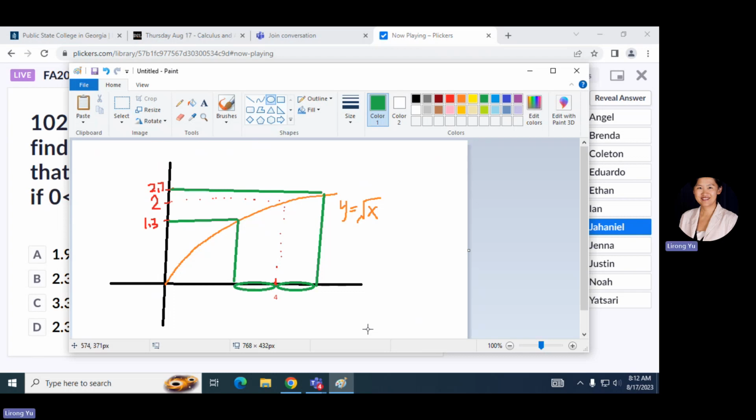What do we do? We subtract 4 from all three of them. Now we're able to identify the boundary for x minus 4. So we have x minus 4 less than 2.7 squared minus 4, bigger than 1.3 squared minus 4.